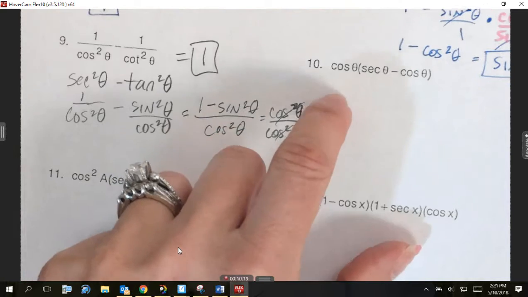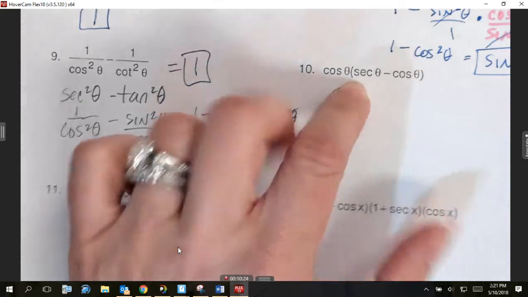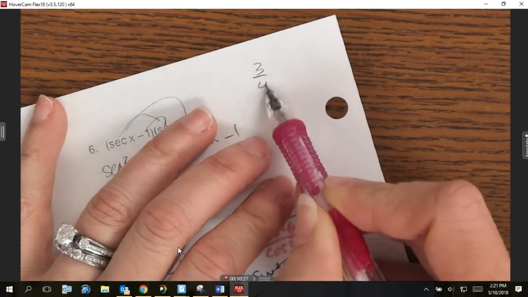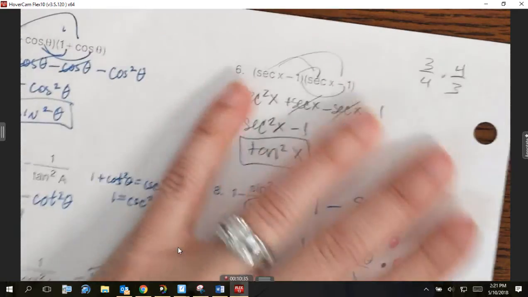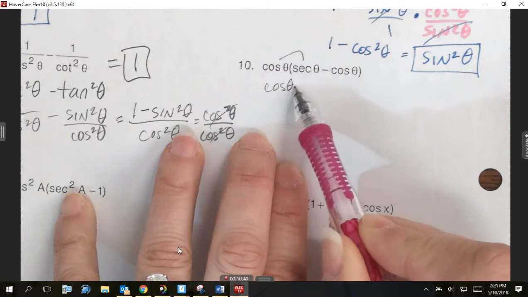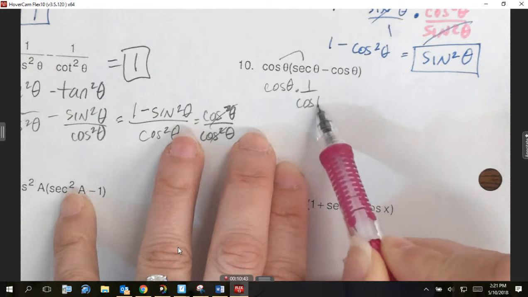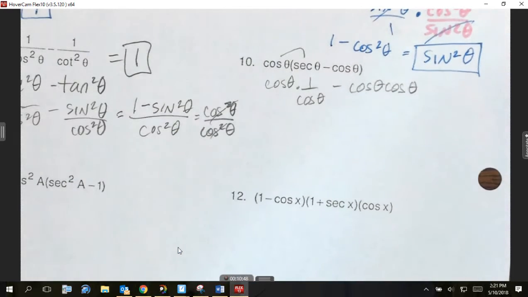Okay. So cosine multiplied by secant is multiplied by reciprocals. If you multiply reciprocals, let me just make up some reciprocals real fast. 3/4 multiplied by 4/3. What happens when you multiply reciprocals? You get 1. That's the definition of reciprocal. So when we multiply cosine theta and we're distributing, cosine theta multiplied by 1 over cosine theta, subtract cosine theta times cosine theta.